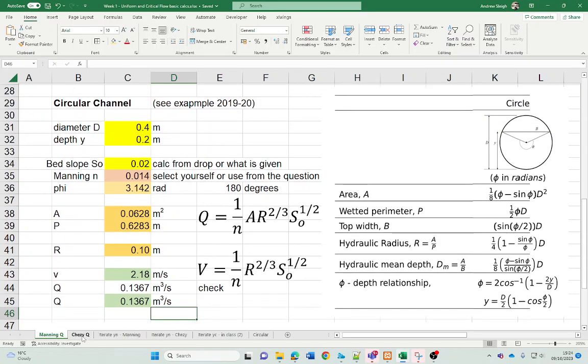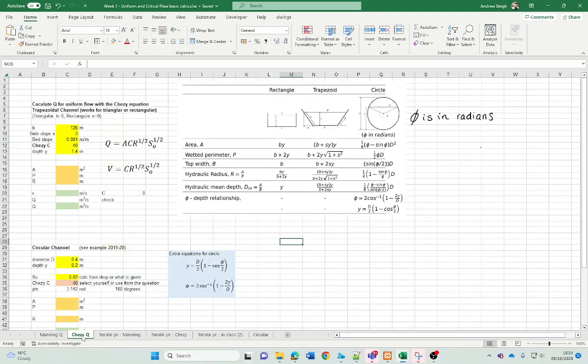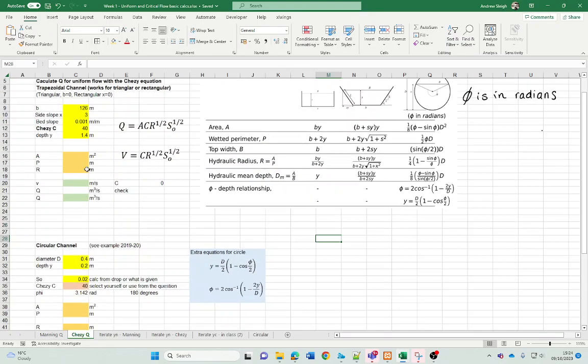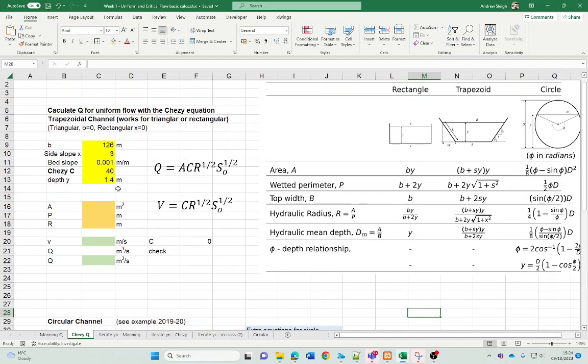Right, we'll now go and do the same calculations with the Chezy Q, and I'll do this very quickly. All we're doing now is applying the equation in the form of Chezy.